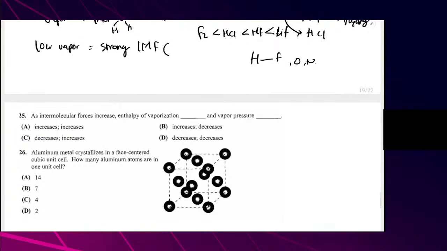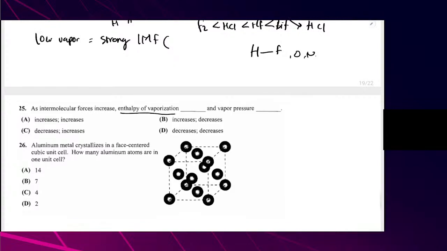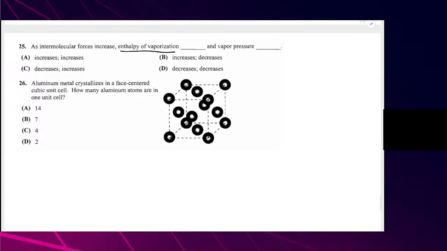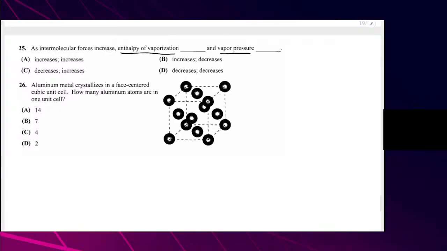As intermolecular forces increase, what happens to the enthalpy of evaporation and vapor pressure? Like I mentioned, if the intermolecular force is increasing, the vapor pressure decreases. Why? Because it's more tight, so it's much harder to break them into the air.